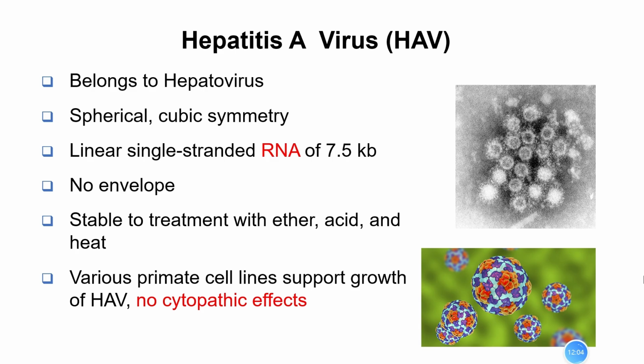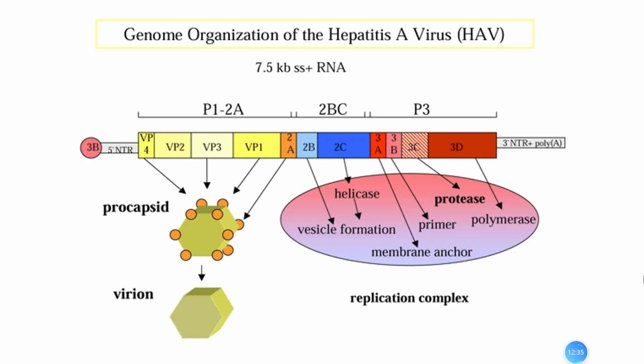This is not regular for a naked virus, because usually naked virus infection can cause cytopathic effects, as we mentioned before, but not HAV. I think the major reason is that HAV replicates slowly in the cell, so it does not kill the whole cell.